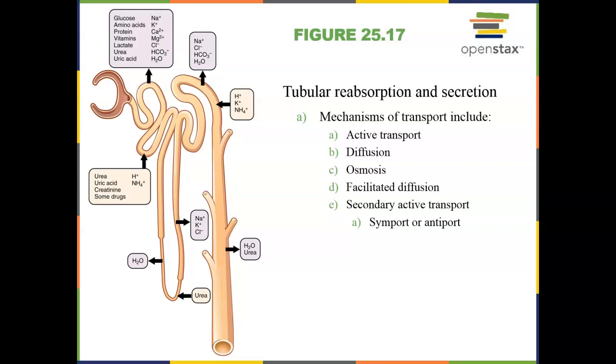That would be a symporter. Or it moves in the opposite direction but uses the energy of the molecule moving down its concentration gradient, the ion gradient. That would be an antiporter. There's passive transport like diffusion, facilitated diffusion, and osmosis.